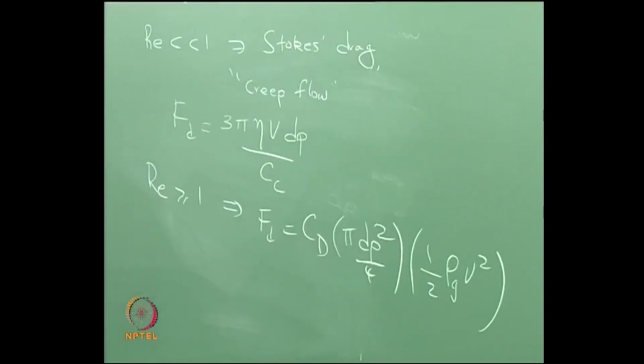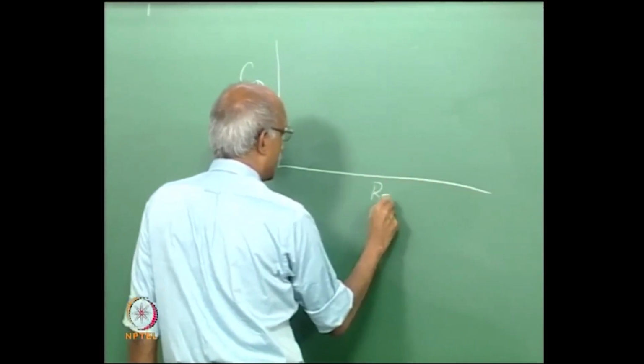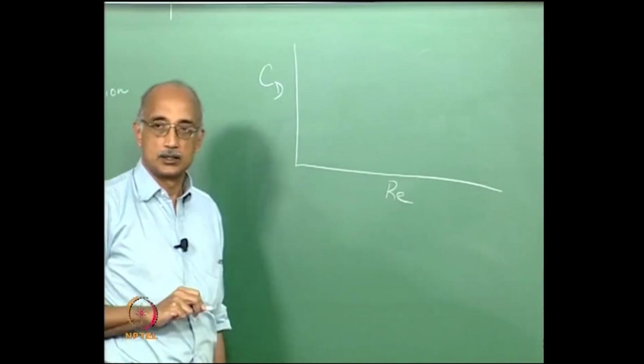And the CD parameter has a relationship to the Reynolds number. If you plot CD versus Re, what is that going to look like?